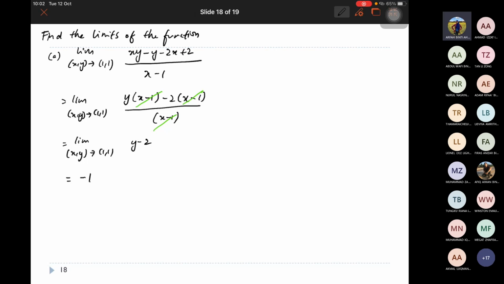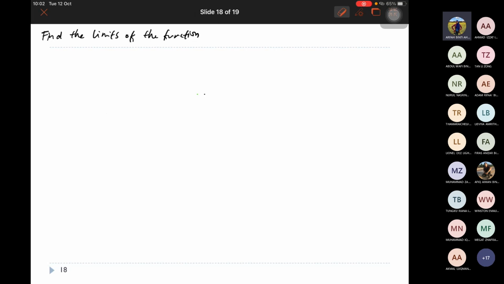So, daripada sini kita tengok soalan yang kedua. Soalan yang kedua, limit of xy approaches 4, 3 for square root x minus square root y plus 1 over x minus y minus 1.